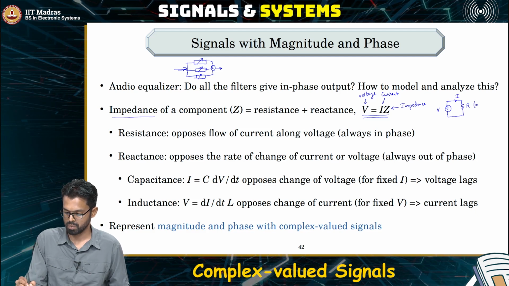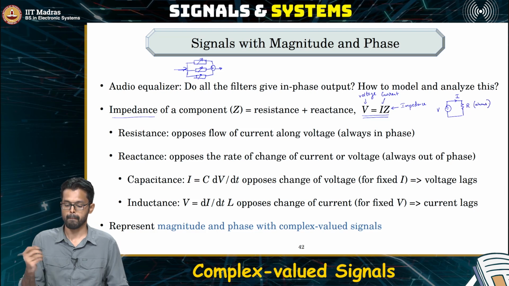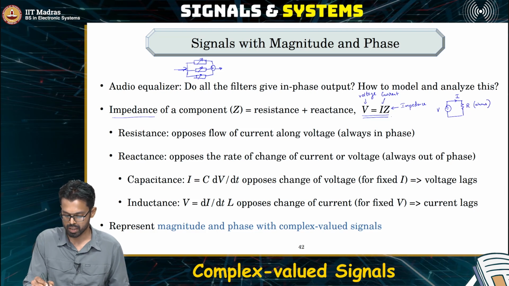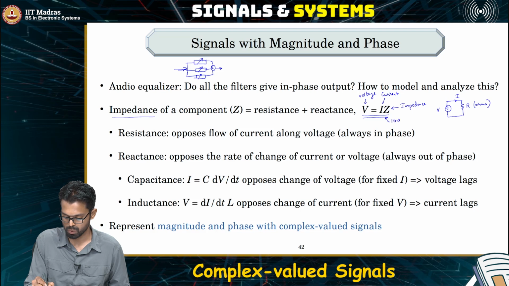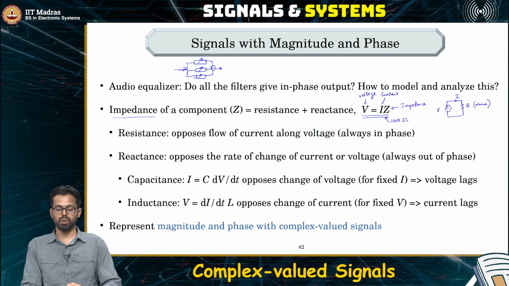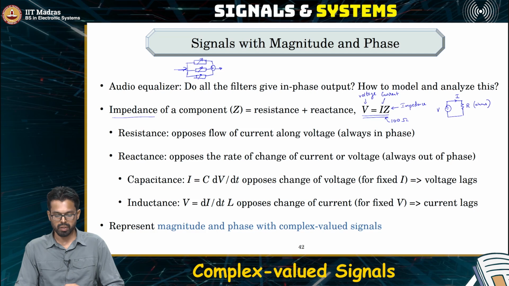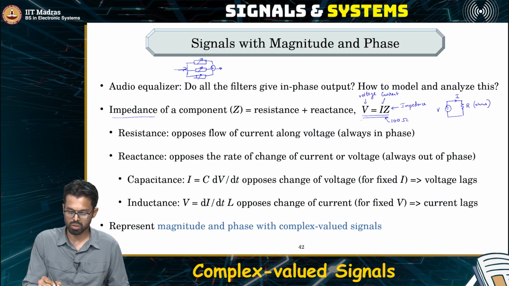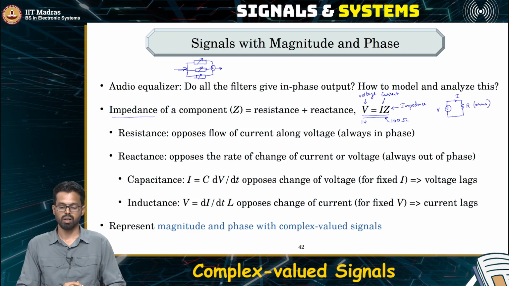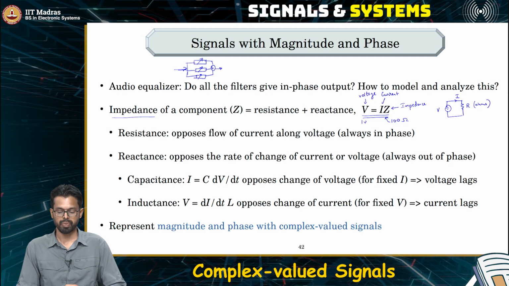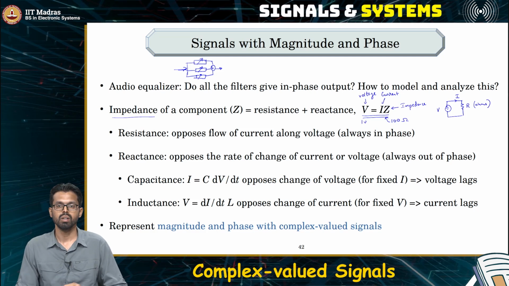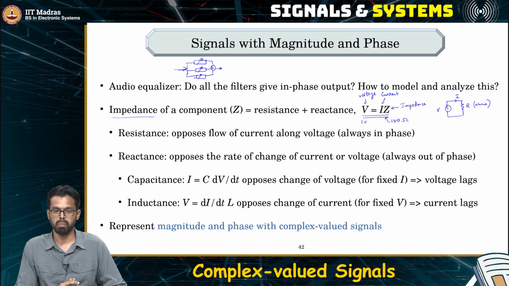Let's say this resistance is 100 ohms. Now, if I apply 1 volt of potential difference, then the current is going to be 0.01 amperes.